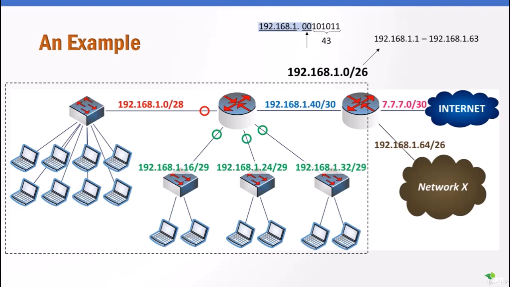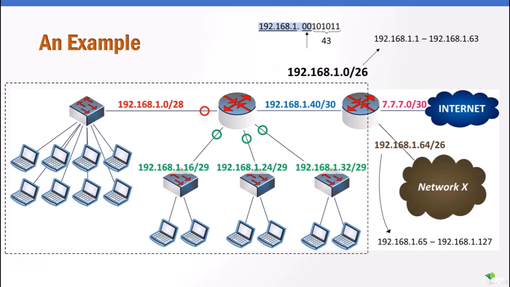So the range for this new network X would actually be 192.168.1.65 to 127. So we're perfectly safe to use this summarized IP address.